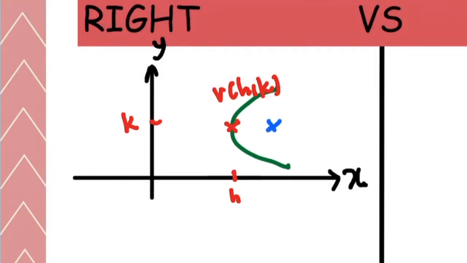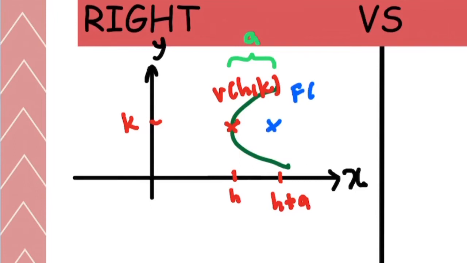Alright, let's continue with the focus. The focus is always in front of your vertex. So your focus here now, your point has moved to the right. So what is the distance? It is a. So when this is a, your coordinate here has moved to the right as much as a.